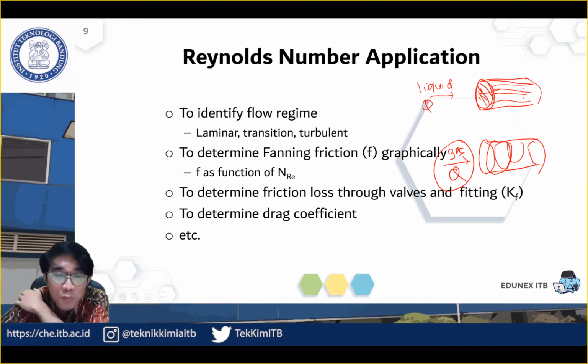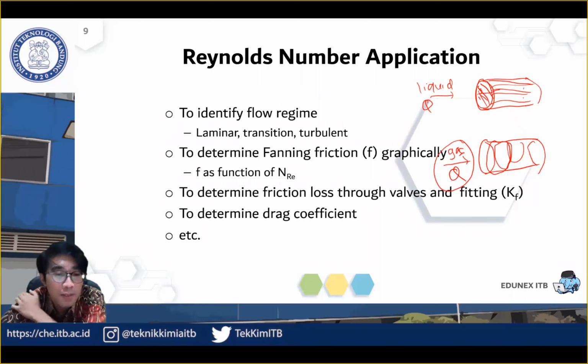So the gas will always fully occupy the pipeline, even though the velocity or the flow rate might be small or the pipe is big. But for the water or for the liquid, it will be different depending on the flow rate or depending on the pipe diameter. Sometimes it will fully occupy the pipe. Sometimes it's only filling part of the pipeline.